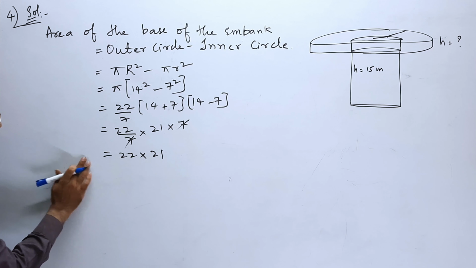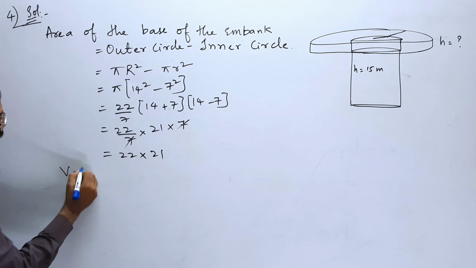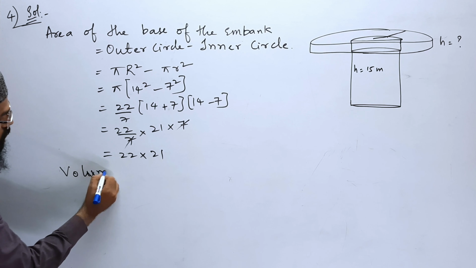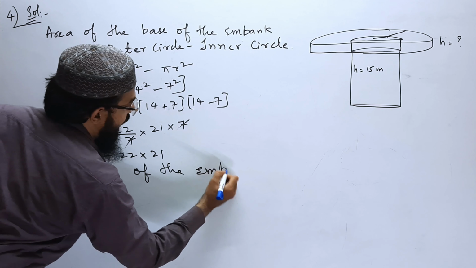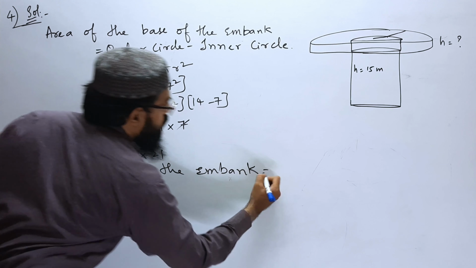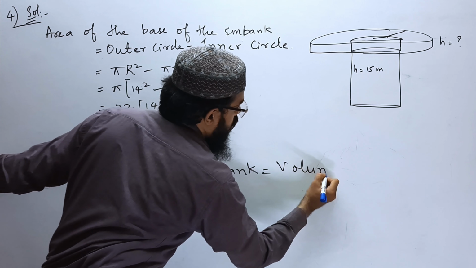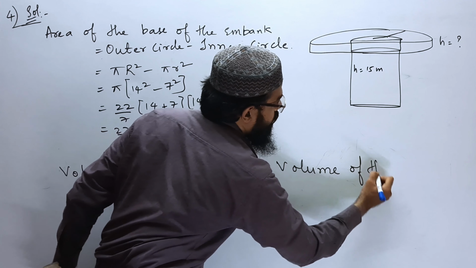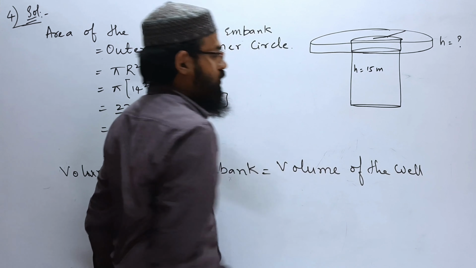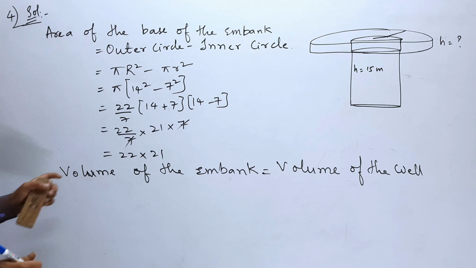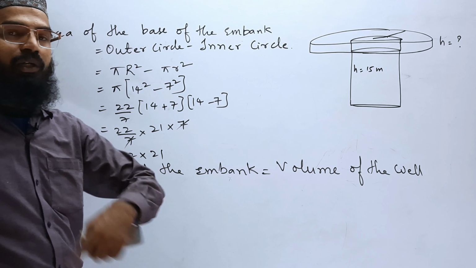Let us write volume. So volume of the embankment is equal to volume of the well. That will be the cylinder. So we can write volume of the embankment means base area into height.